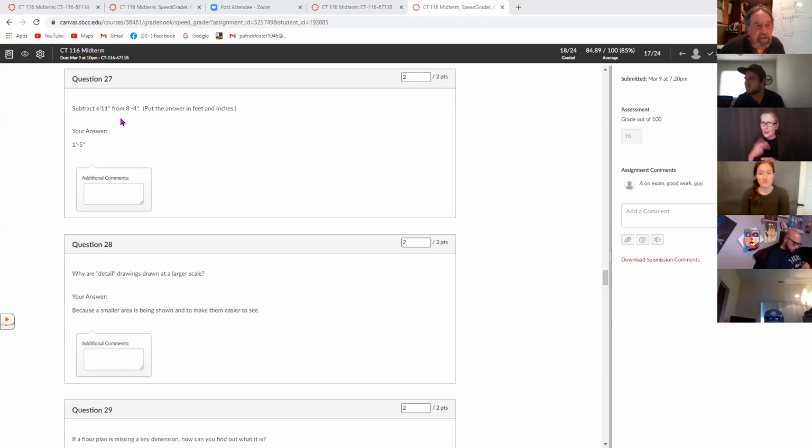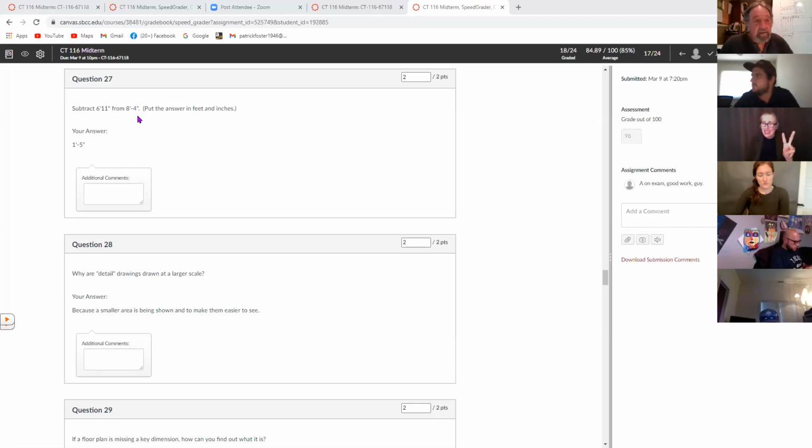Okay, so the subtraction. When you look at this, some people even get confused by subtract something from something. In elementary school, we're given a column with 8 foot 4 inches on top and 6 foot 11 underneath. We're so used to having it set up that way that sometimes when you put it verbally, it confuses people which one's on top and which one's on the bottom.